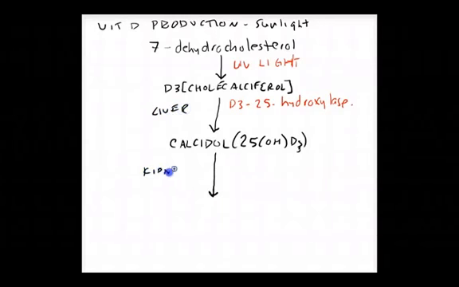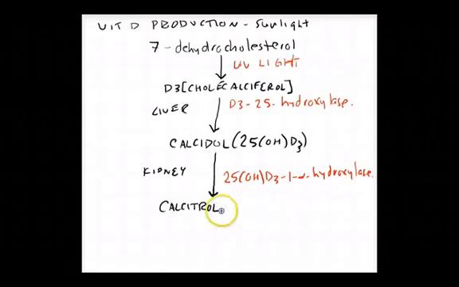In the kidney, it's going to encounter another enzyme, which is known as 25-OH-D3 1-alpha hydroxylase. Once that enzyme is encountered, it's going to create calcitriol. Calcitriol is also known as 1,25-OH2-D3.